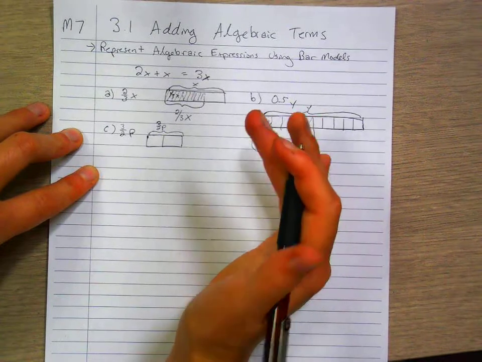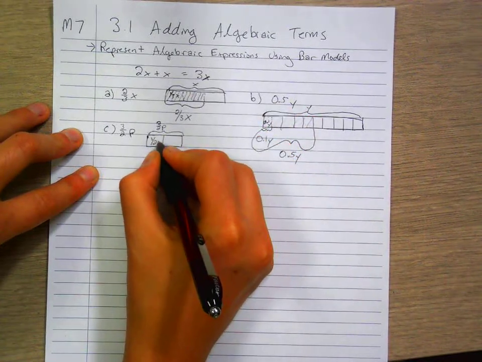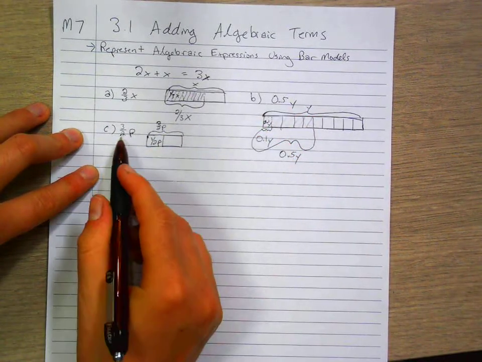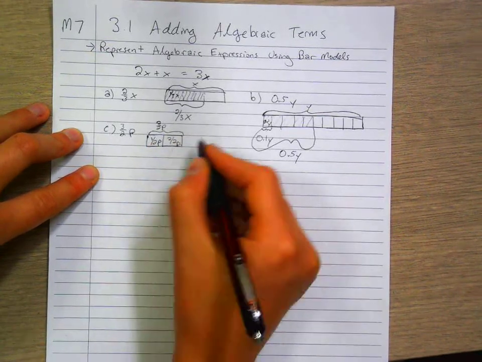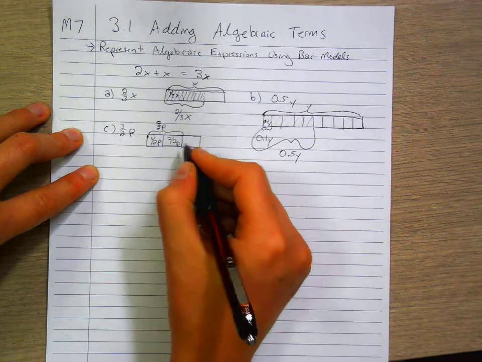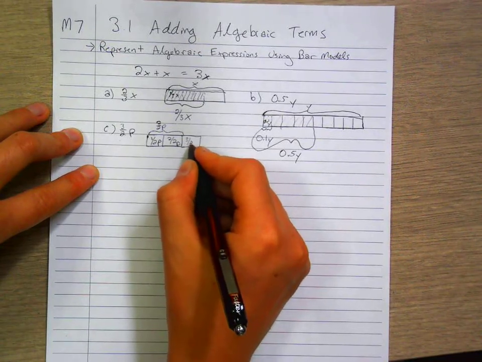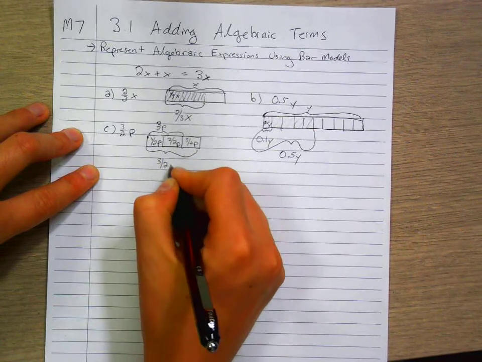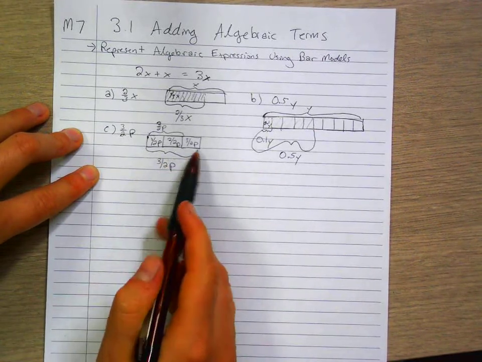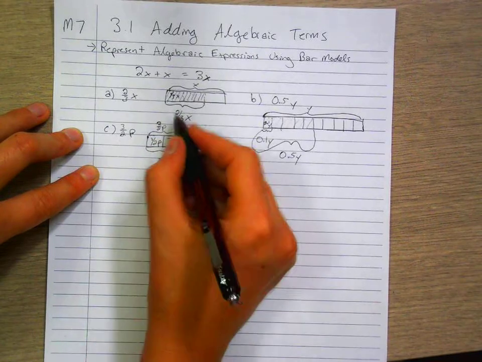And each one of these is 1/2 of p. But we want 3/2, so we have 1/2, we have 2/2 p, and then we can add a third box the same size that would be 3/2 p. So we would get in total 3/2 p, which is bigger than just 1p.